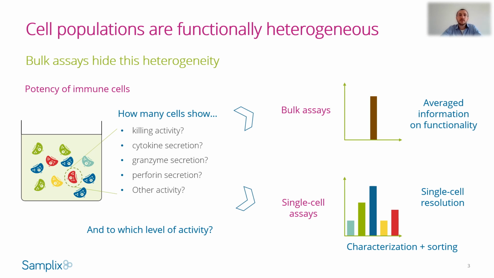This means that if performing potency assays of immune cells in bulk, for example, it is not really known from the results of such assays how many of the cells were actually killing their targets, how many secreted a specific cytokine or granzyme or other effector molecules, and to which level of activity the different cells in the population were acting. With bulk assays, you really only get average information about the functionality, whereas with single cell assays you will get single cell resolution.